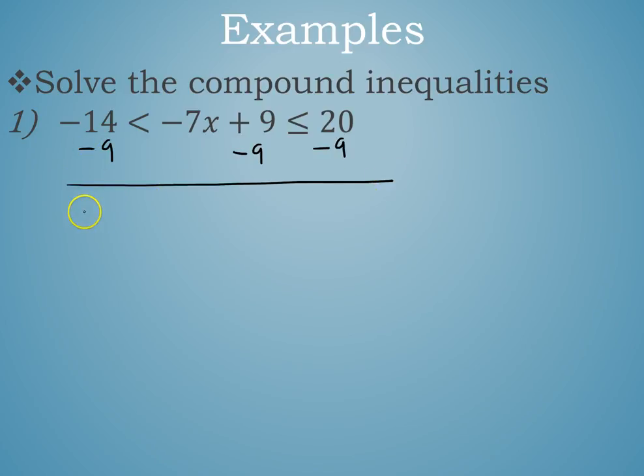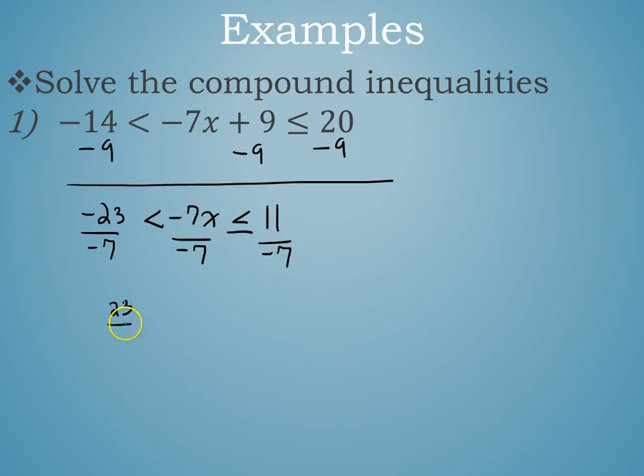Negative 14 minus 9 is a negative 23, less than negative 7x, less than or equal to 20 minus 9 is 11. So we divide everything by negative 7. If I leave them as fractions, negative 23 over negative 7 is a positive 23 over 7. Because I divide by a negative, this sign would have to flip.